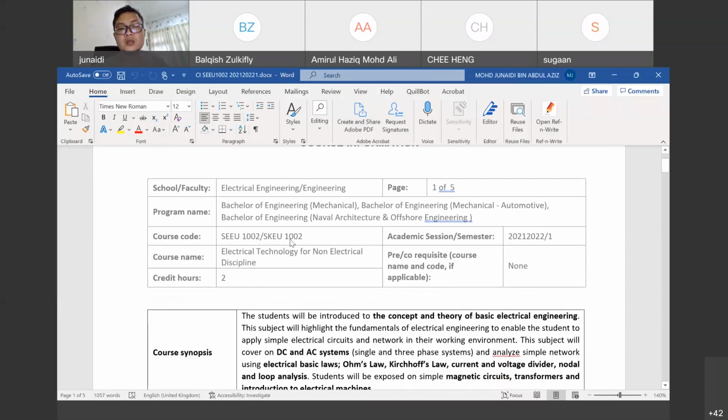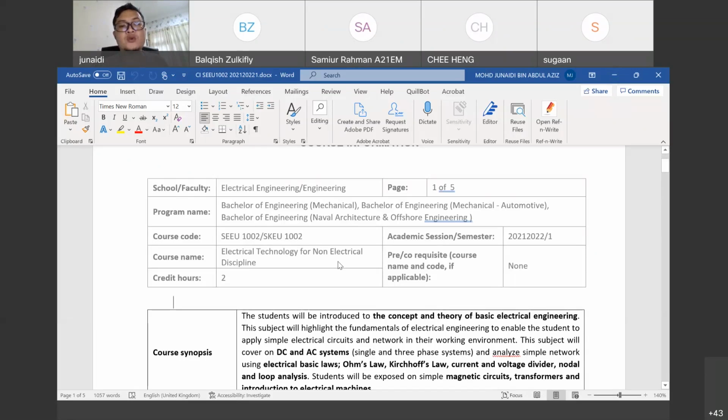1002 or SKEU 1002. So the program name is Bachelor of Engineering Mechanical or Bachelor of Engineering Mechanical Automotive or Bachelor of Engineering Naval Architecture and Offshore Engineering. So basically this course is specially designed for the School of Mechanical.